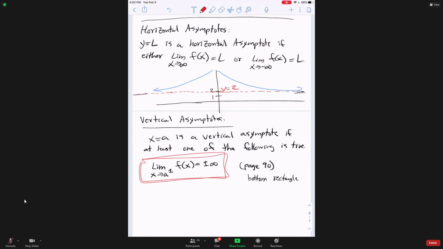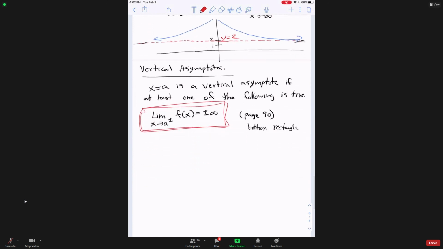Basically what that's saying is, let's say x equals a, let's call it x equals 2 right here. What would make this a vertical asymptote if any one of these 6 is true? The limit as x approaches 2 from the left side is going towards infinity, or from the right side is going towards infinity.